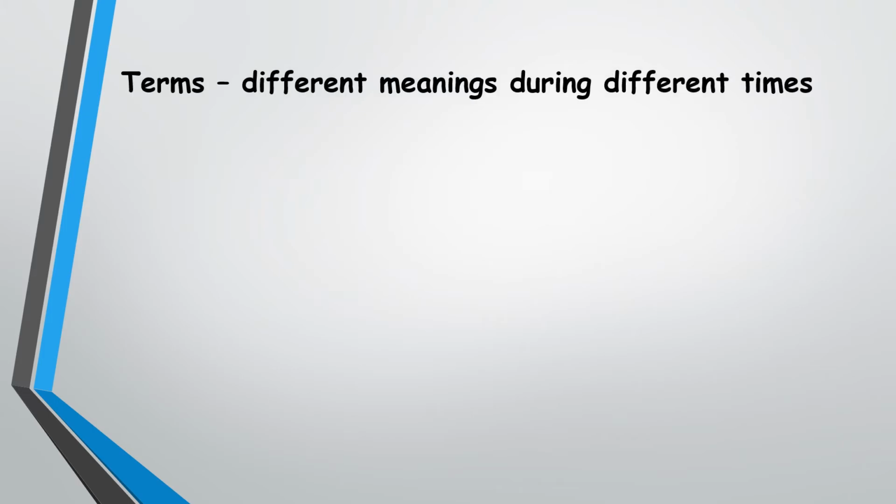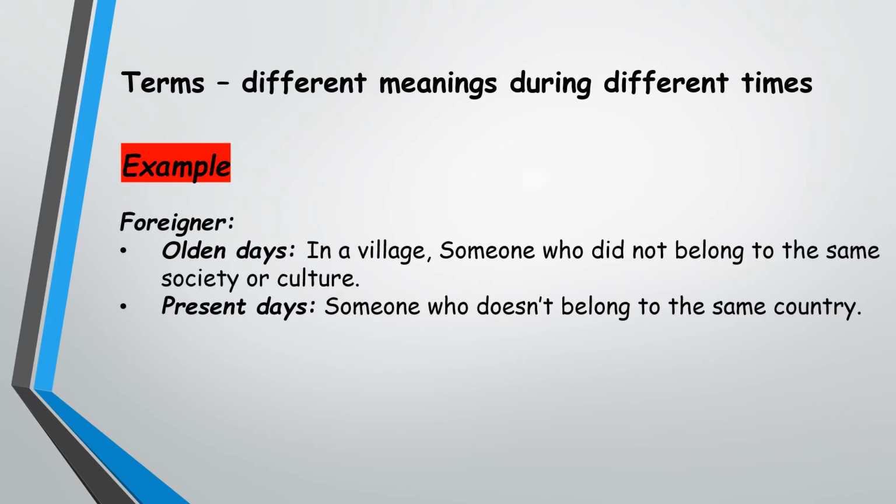Another example is the usage or the meanings given for words. For example, the term foreigner: generally in today's terms, we say someone who is not Indian, that is, a person who doesn't belong to the same country.